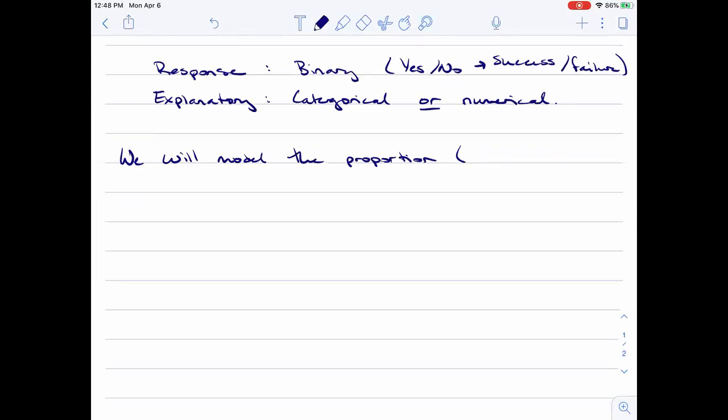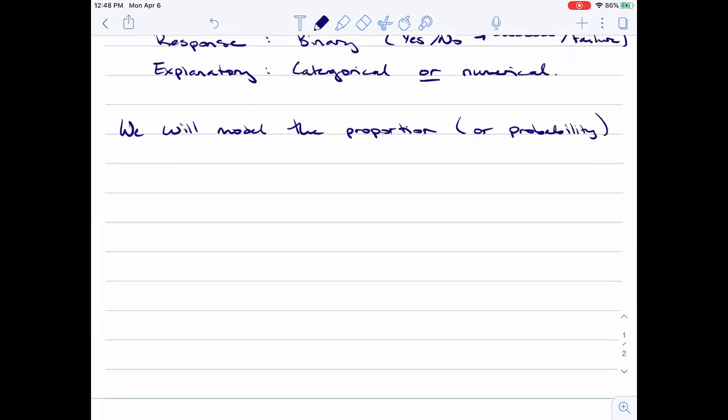Percentage is just 100 times the proportion. All these p's, proportion is a probability, which is essentially a percentage, with the exception of multiplying by 100.